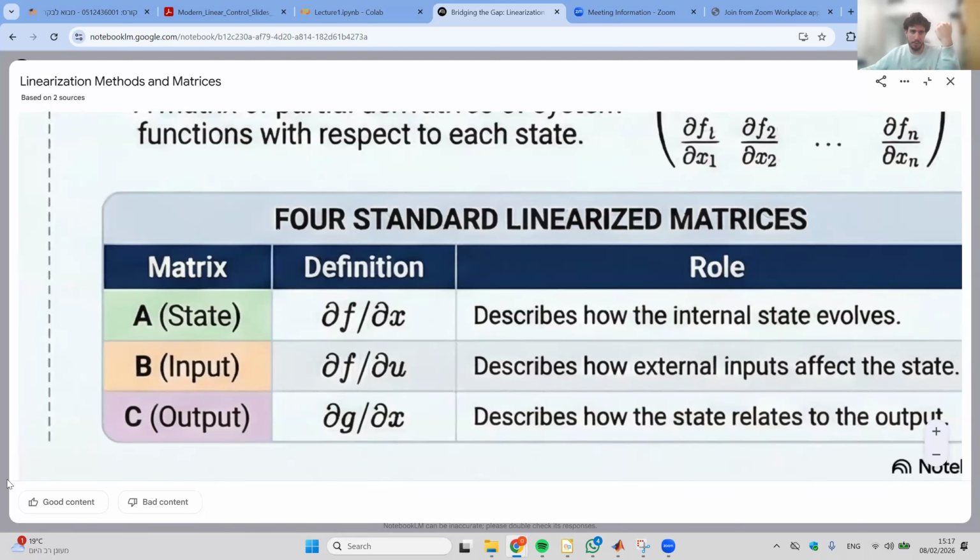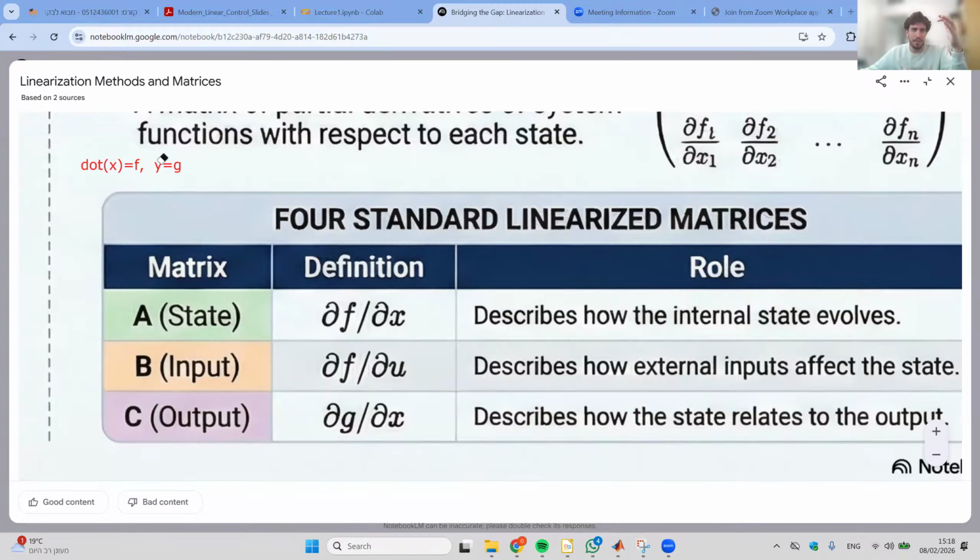So I just want to remind you, a general system is x dot equal to f, and the output, general output, is y equal to g. So f and g are some vectors, just columns. And state A is the Jacobian of f with respect to x, the input is the Jacobian of f with respect to u, and so on.